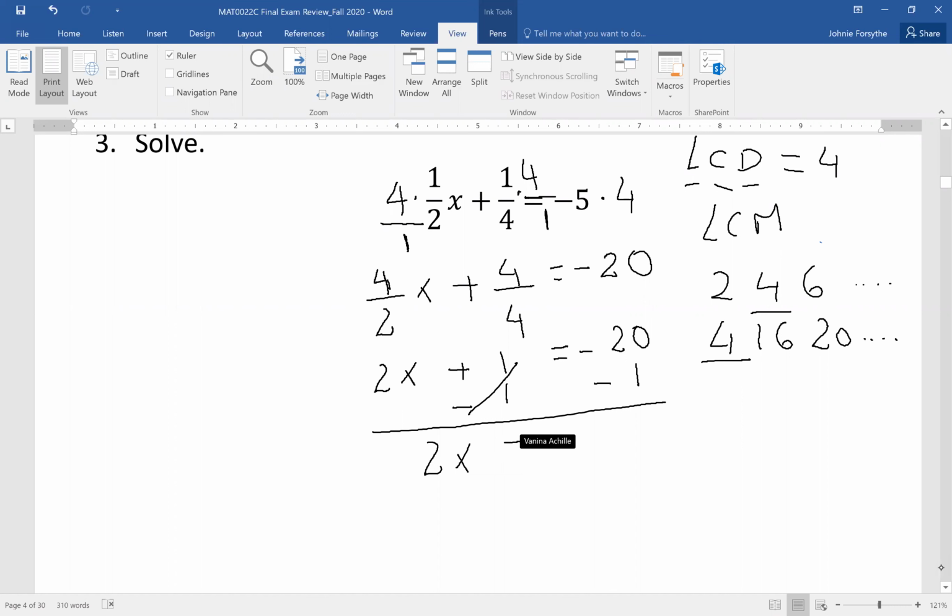So 2x equals negative 21. And I'm going to divide both sides by 2. And that's my final answer. X equals negative 21 over 2.